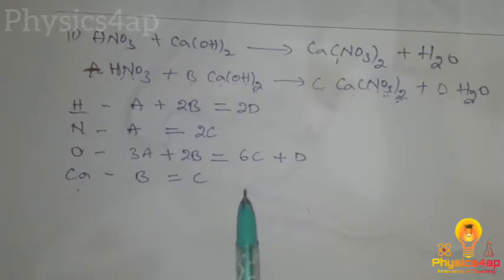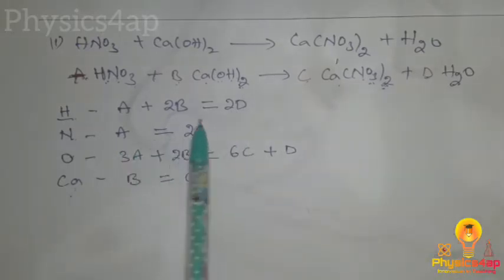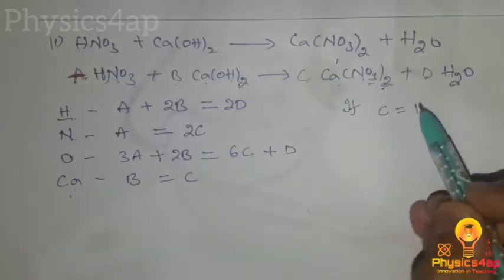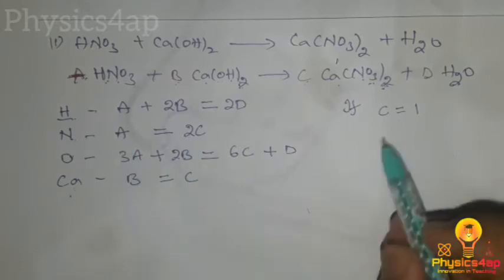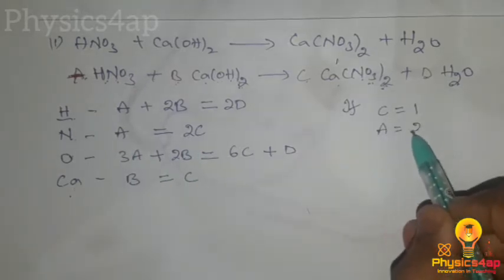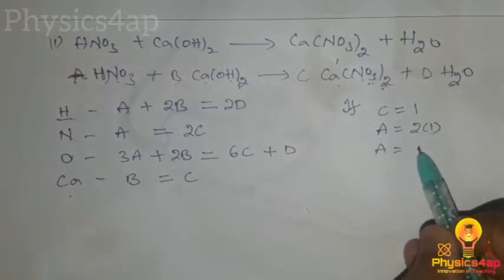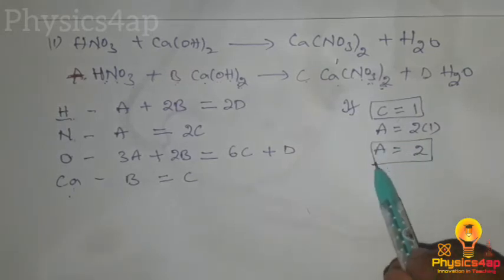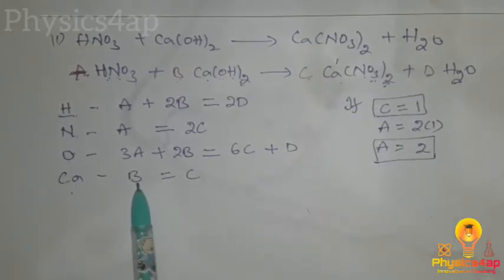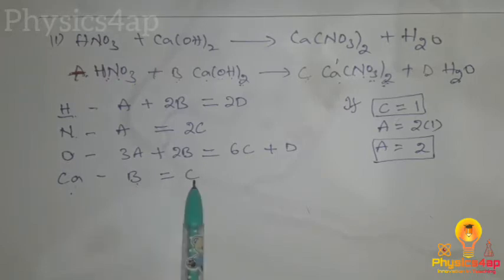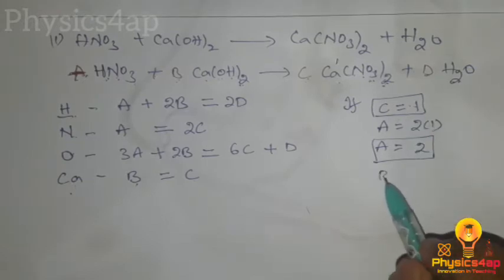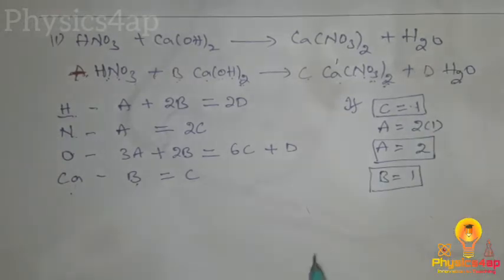For example, in the equation A equals to 2C, if we assume C is equals to 1, then you will get the A value, that is A equals to 2 into 1, A equals to 2. As B is equals to C, and C is taken as 1, B is also equals to 1.